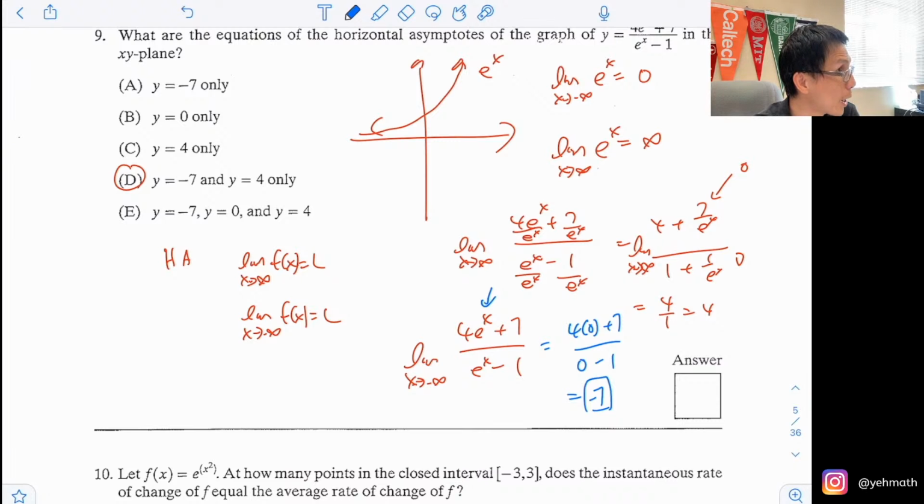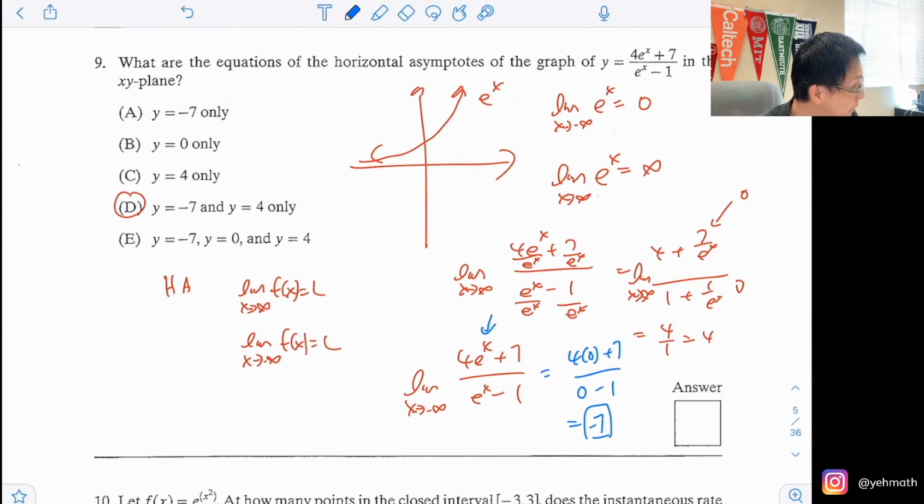Okay, so this is one other one that might be very important for some of you. You have to divide by all the e to the x. Actually, you don't have to. You can reach infinity and you'll find out it's 4 over 1 anyway. It's going to be 4 infinity plus 7 over infinity minus 1. So the 7 and 1 are no longer significant.